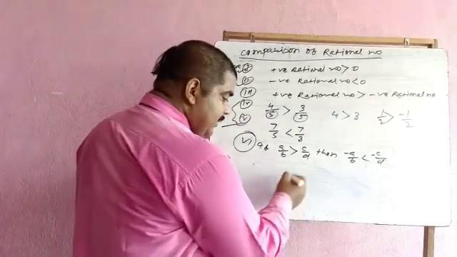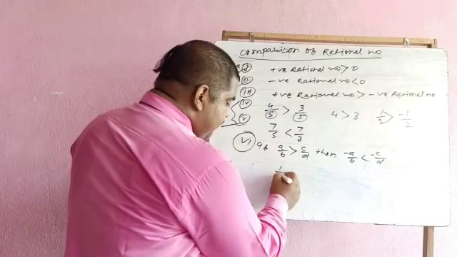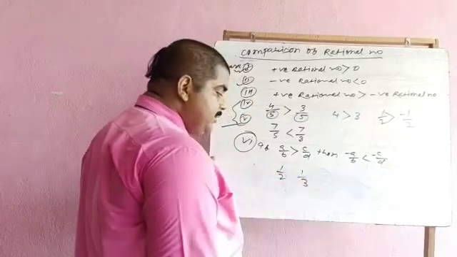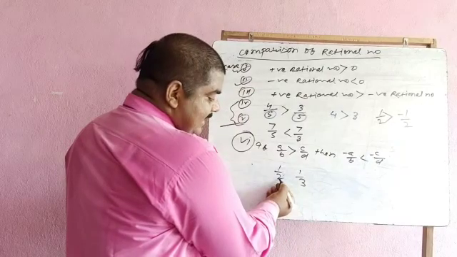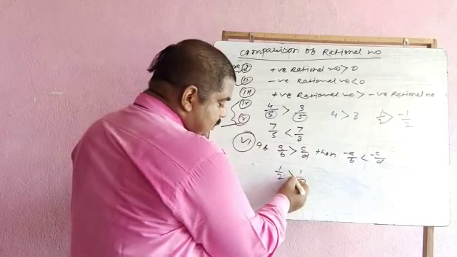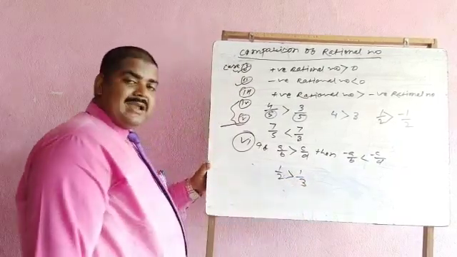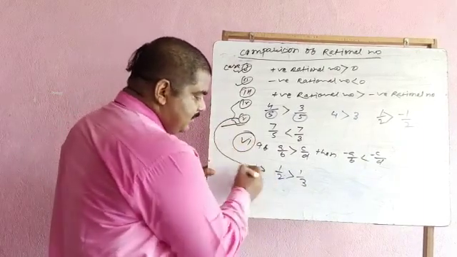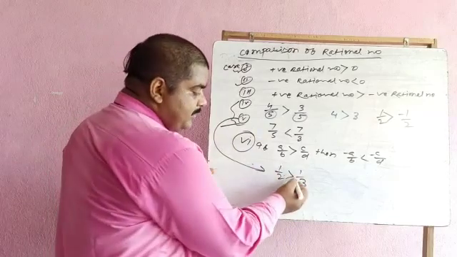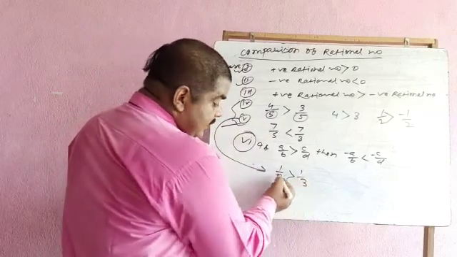How? You can see 1 upon 2 and 1 upon 3. Which one is greater? You know the numerator is equal, so the denominator is less in the case of 2. So 1 upon 2 is greater than 1 upon 3. By rule 5, you can apply that: 1 upon 2 is greater than 1 upon 3.